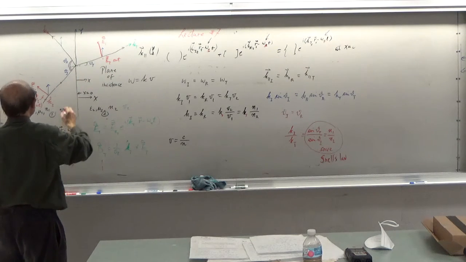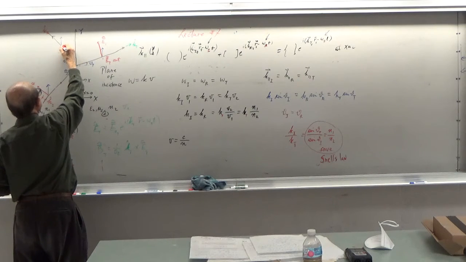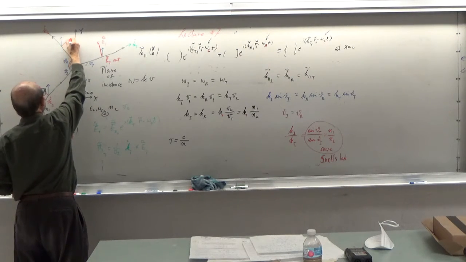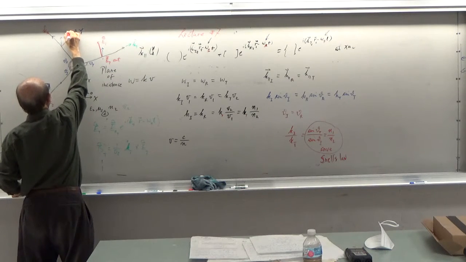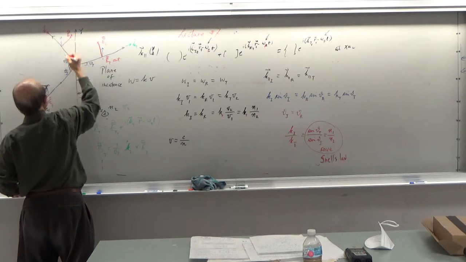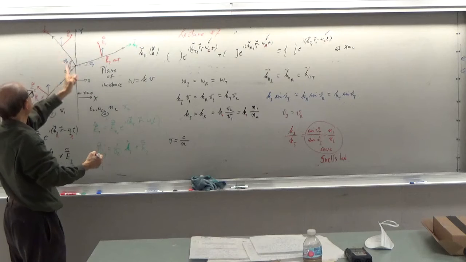And for the reflected beam, let me take this to be the direction of E R, perpendicular to the direction of propagation. The important thing is that it has to be perpendicular to it.